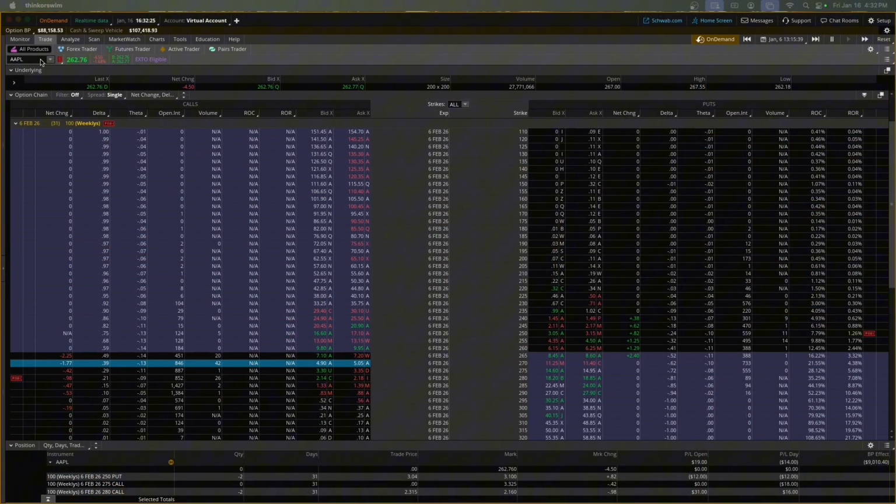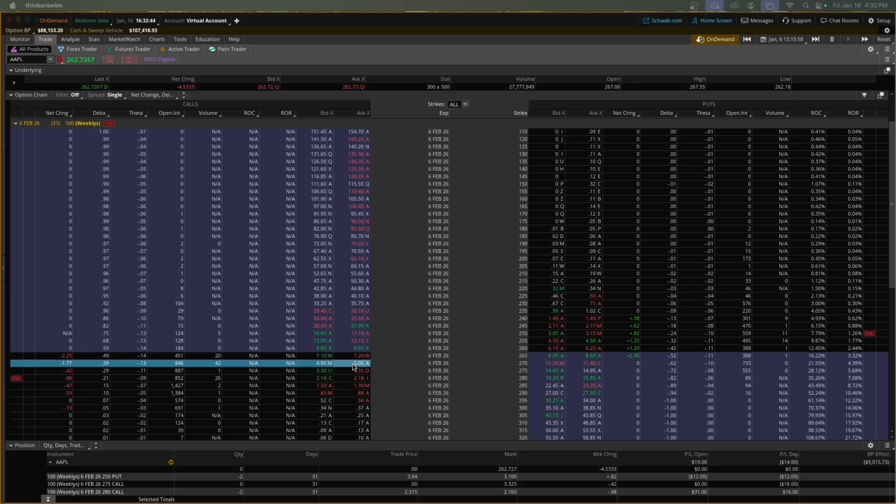Right now, I have my options chain open on Apple and I have 31 days until expiration. But if we go ahead and look at price at the 270 strike, you can see right here that there's a $10 difference between the bid and the ask.